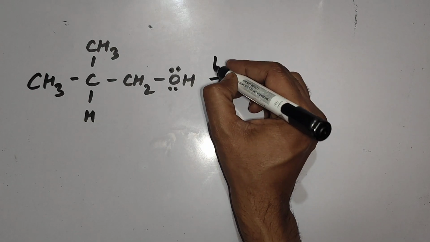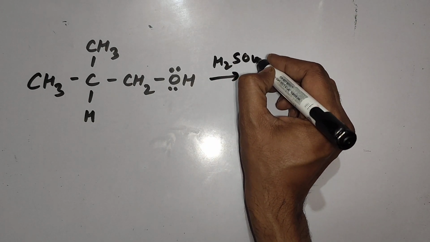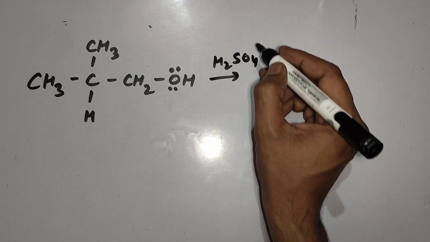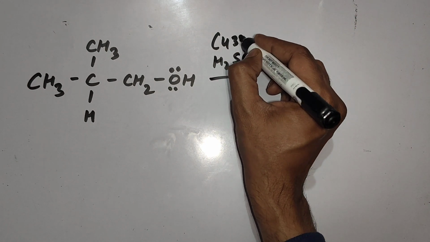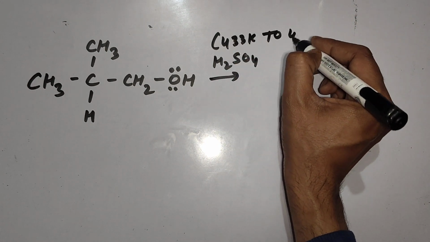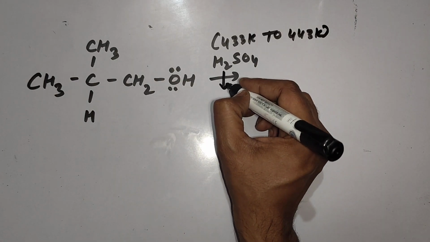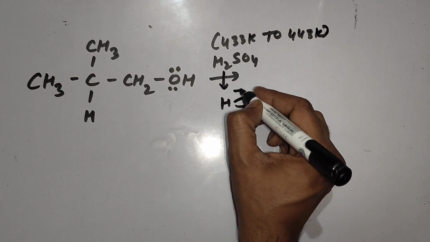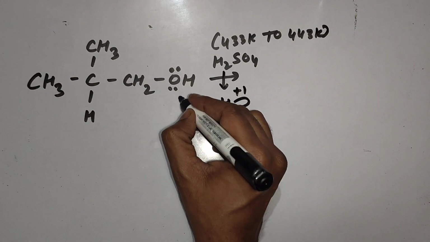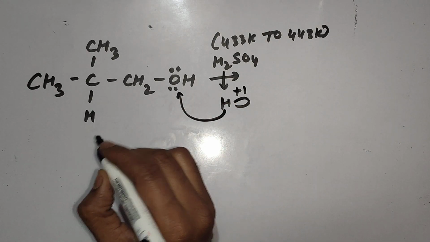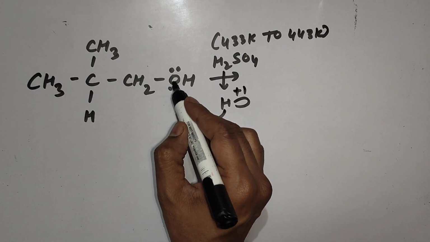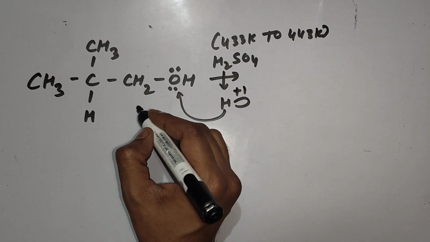And we know its dehydration will happen in the presence of catalyst, sulfuric acid, temperature 433 Kelvin to 443 Kelvin. We know what the mechanism is. Sulfuric acid will provide us electrophile H positive. That H positive will attack on oxygen because it is looking for electrons. Oxygen has a pair of electrons, so it can provide electrons to it.